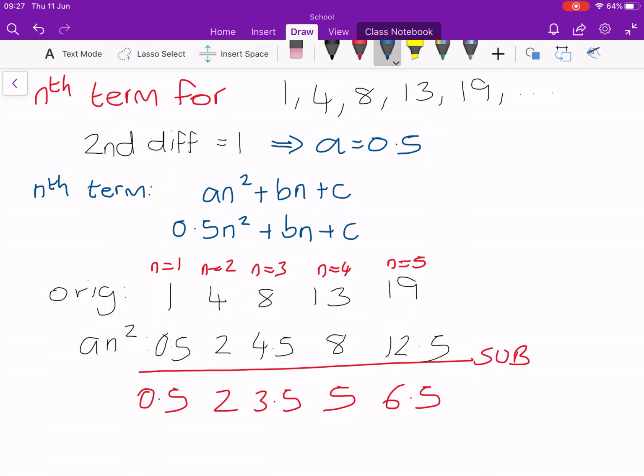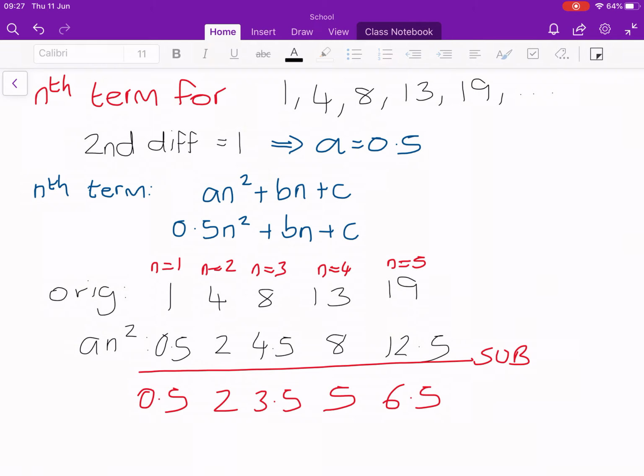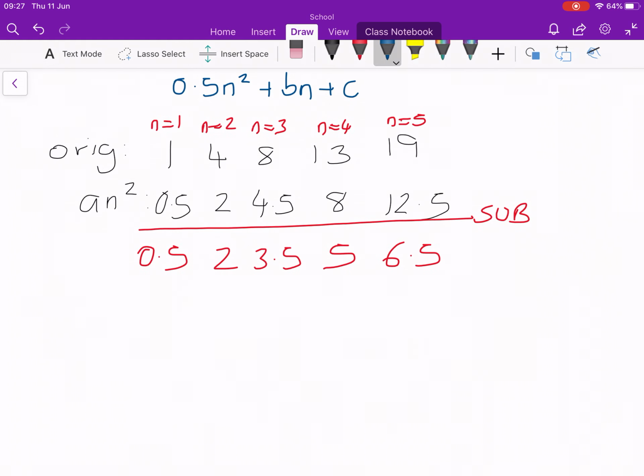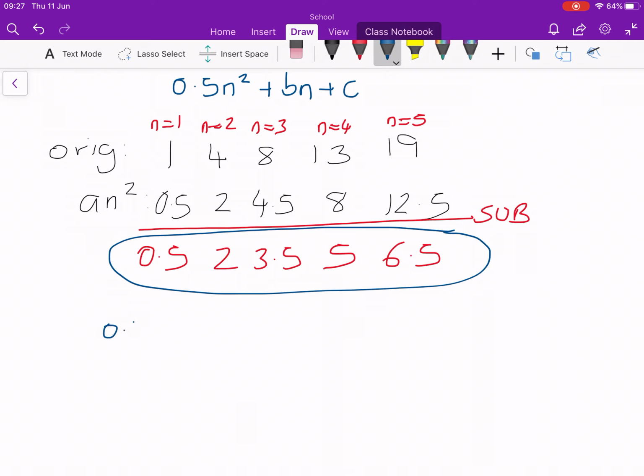And now you find the nth term of that list of numbers. In order to do that, you want to find the common difference. If you write that out as 0.5, 2, 3.5, 5, 6.5, you should see that it is just adding 1.5 each time.